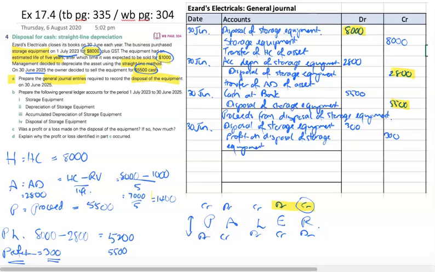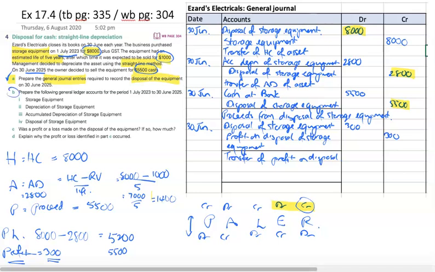And now I've done this on my ledgers, what is this going to be in narration? It can just be as simple as transfer of profit on disposal. And guys, that is how you complete and tick off all your general journal entries.